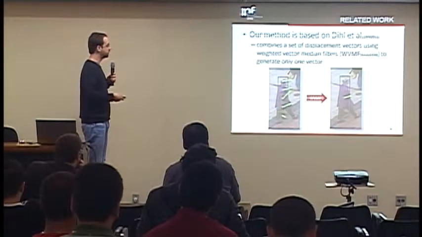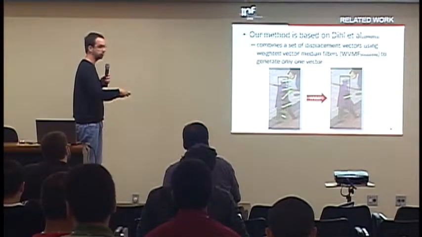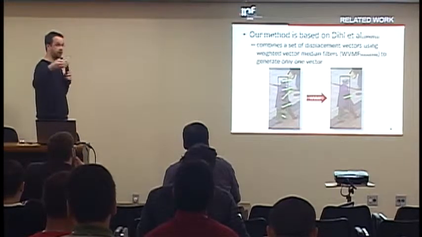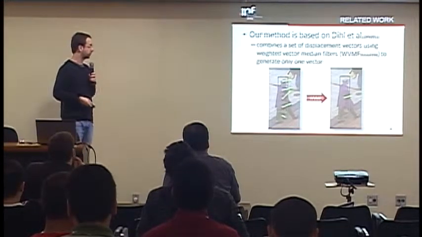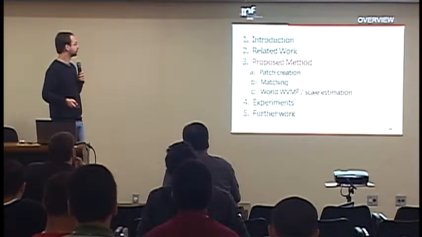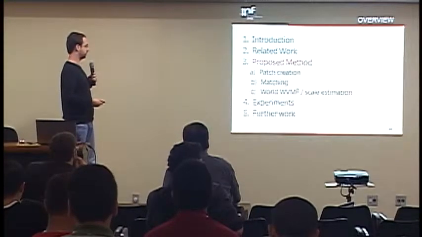And this is the displacement of the target. Then we displace all the patches using this single vector. We're going to do the same thing, but we are going to advance on that idea and add some more ideas. So the proposed method, the first thing we're going to do is initialization.